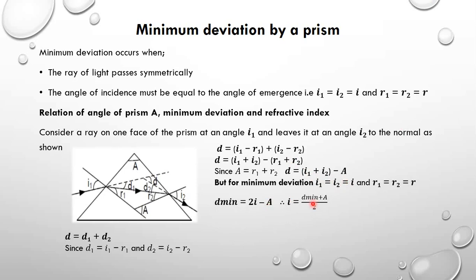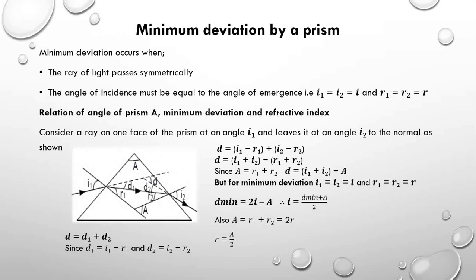We shall get I as D min plus A divided by 2. We can use small letter or capital letter here. Also, A is equal to R1 plus R2, which is equal to R plus R, which gives you 2R. And therefore R is equal to A divided by 2.